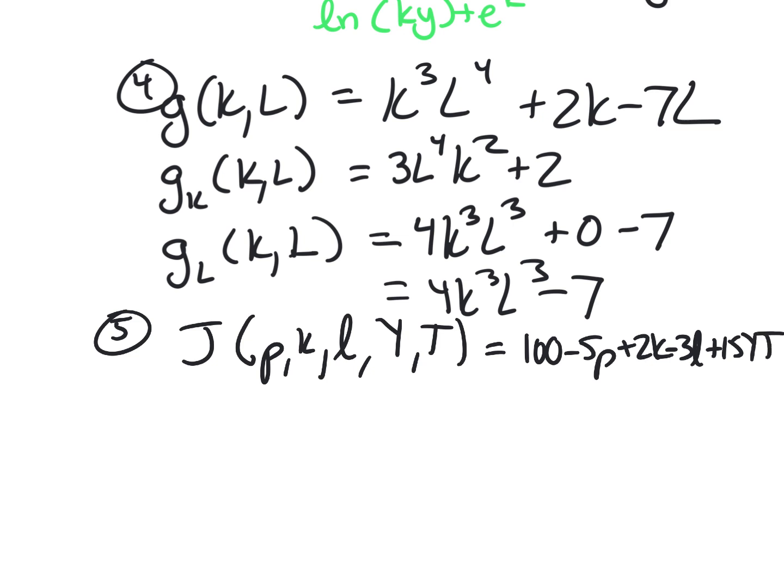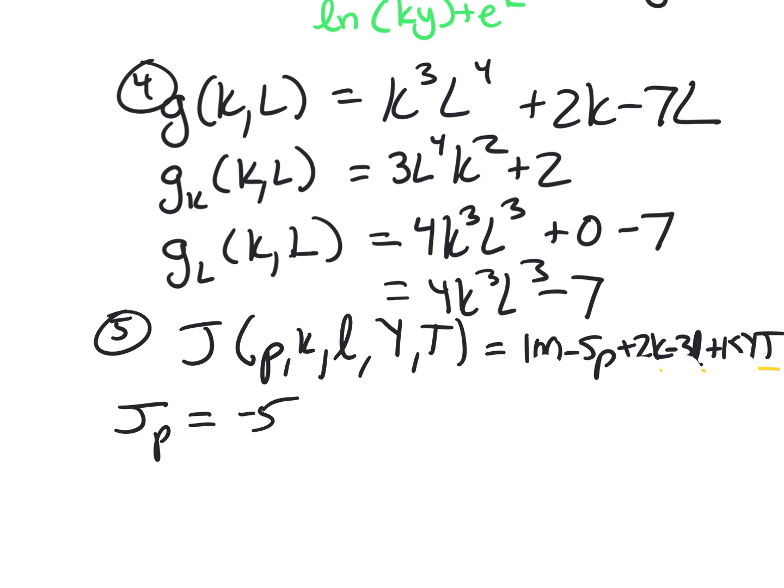You're finding the partial derivative with respect to every variable, which means the other variables we're just going to think of as constants. When I'm finding the derivative with respect to p, everything else is just a number, so the derivative of all these pieces that don't involve p are 0. So I'm just looking at negative 5p, and the derivative of that would be negative 5. So easy peasy there.